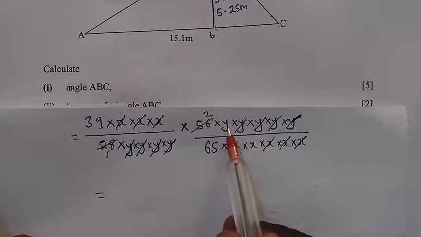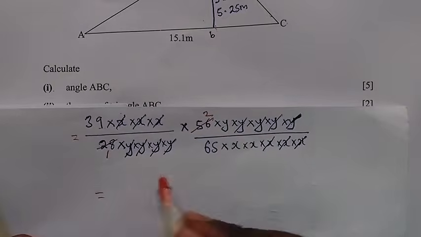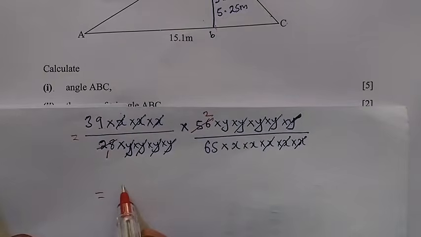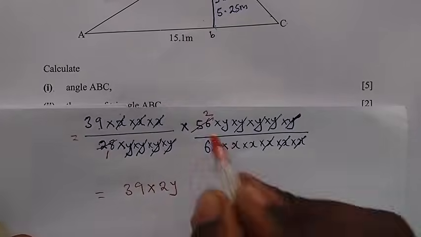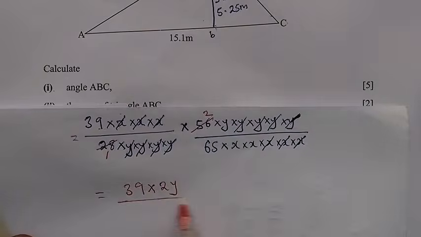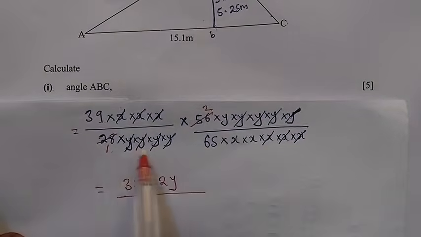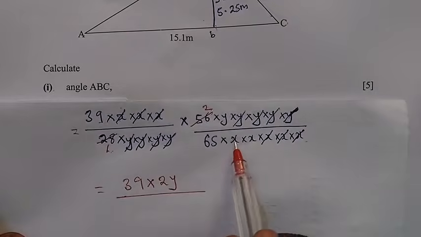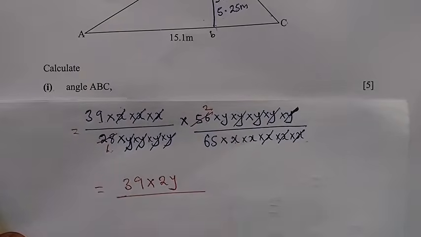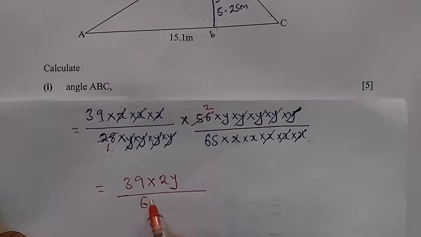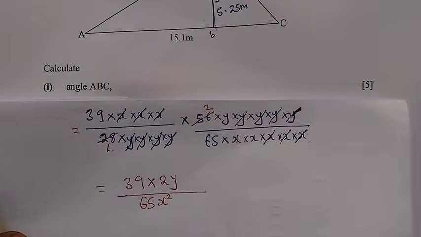Here we just have 2y. That's all. So we are remaining with 39 times 2y over here, we are just remaining with 1. Here there is this x and this x, so we have 65 and then xx. So you can write 65 x squared. I hope this is clear for you.